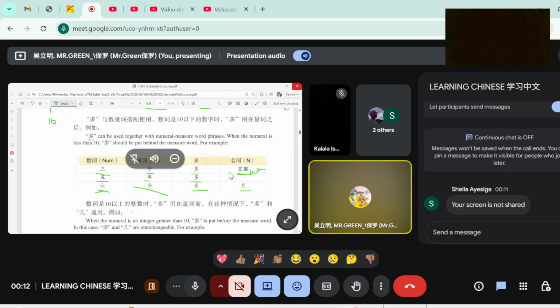Sheila, can you see my screen right now? Because some of us can see it. I don't know if you can see it right now. Kindly let us know. Sheila, is it visible?